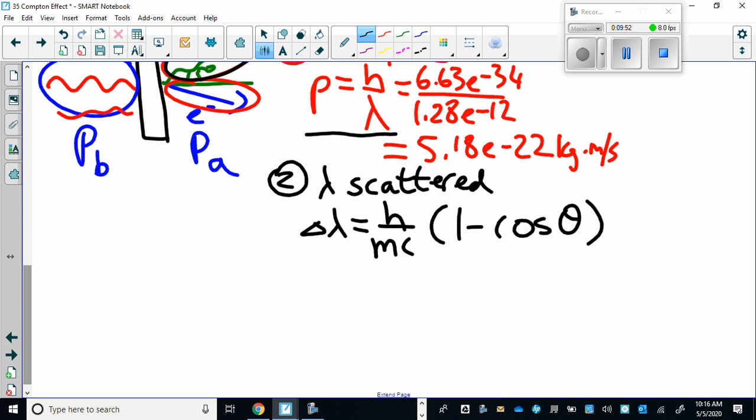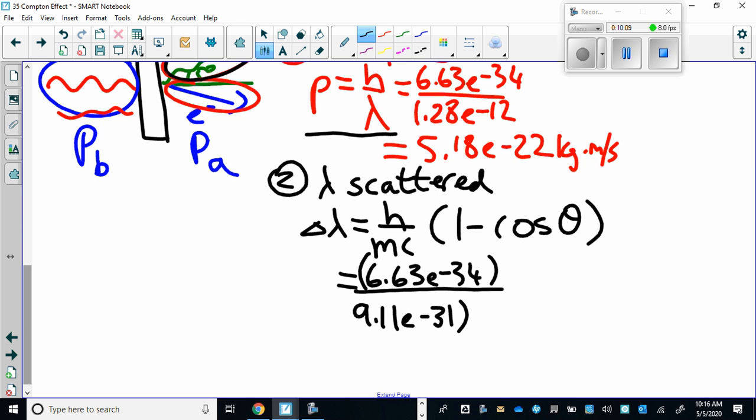Okay, and everything's a constant there. The only thing we need is the angle, but let's just plug the numbers in anyway. And remember, we're talking about the mass of the electron. Speed of light.